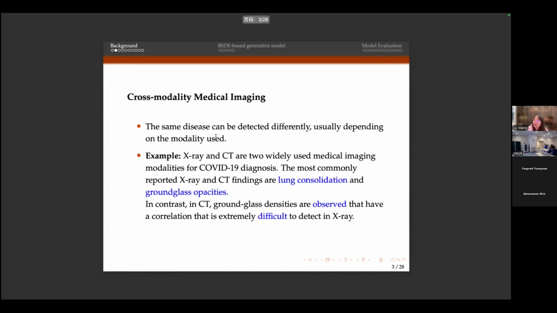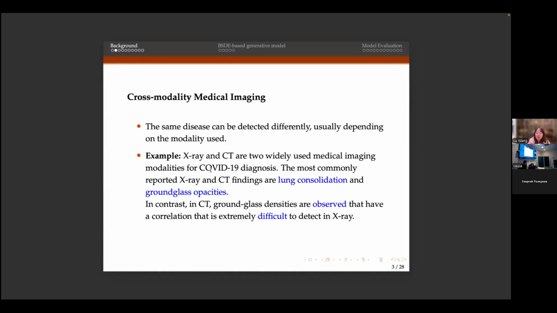So we continue to look at why cross-modality imaging is important. We can see that the same disease can appear very differently depending on the imaging modality used. For instance, when diagnosing COVID-19, both X-ray and CT are commonly used. But X-ray can detect this only coarsely, while CT scans often provide better visualization of ground glass opacities.